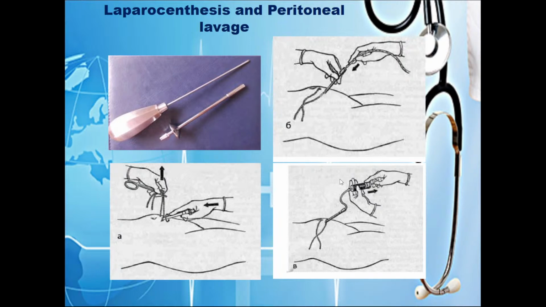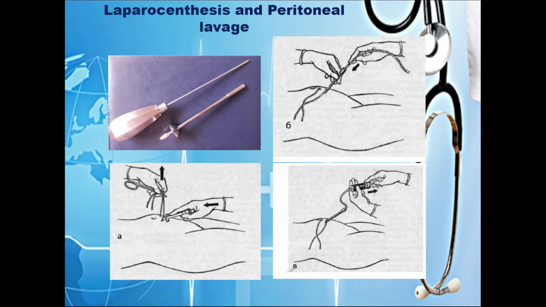We can make a suction from the drainage. In most cases, this suction will be negative. Nothing we will receive. In our country, we have such a method of investigation whose diagnostic sensitivity is about 95-98%, so very sensitive.